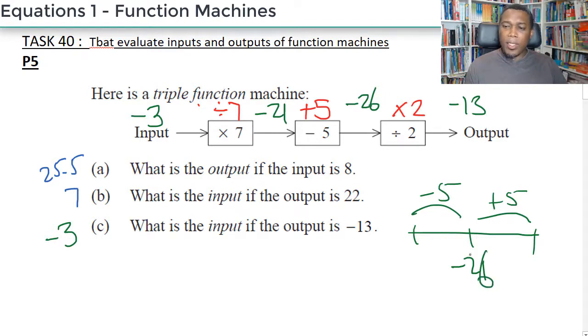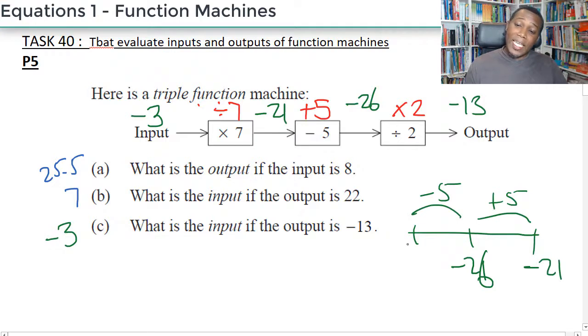We'll do for 26. If I add 5, I'm going up, so I'll get to negative 21. If I take away 5, I'm going down, and I'll get negative 31. That's just showing you why we wanted the negative 21. And then if I start at negative 21, taking away 5, I'm getting to negative 26. This is going forward, taking away 5, negative 26, and dividing that by 2, negative 13.